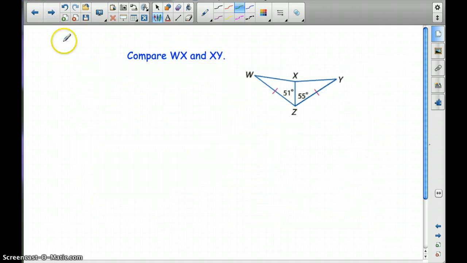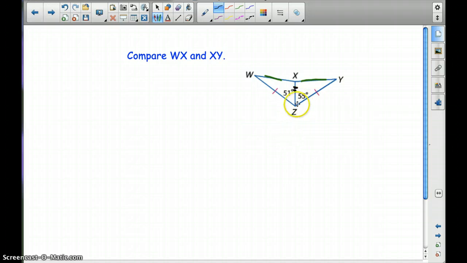All right, so let's use the Hinge theorem right now. So here we have 2 triangles, and we want to compare using inequality signs WX and XY. So WX here is right here, and XY is here. So we know we have congruent sides. WZ is congruent to YZ, and we also know XZ is congruent to itself.